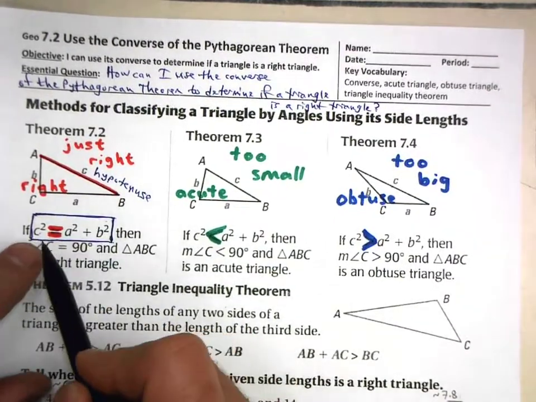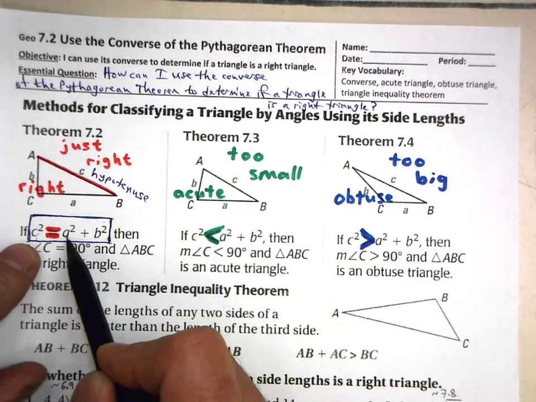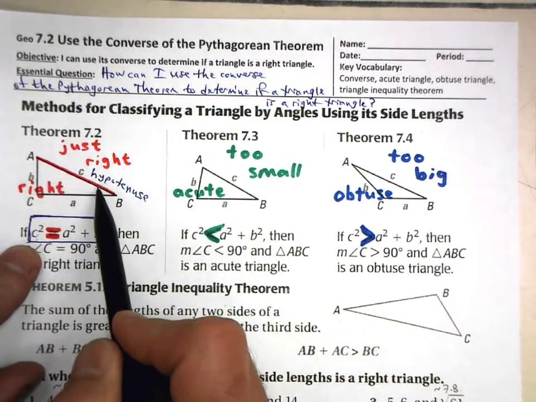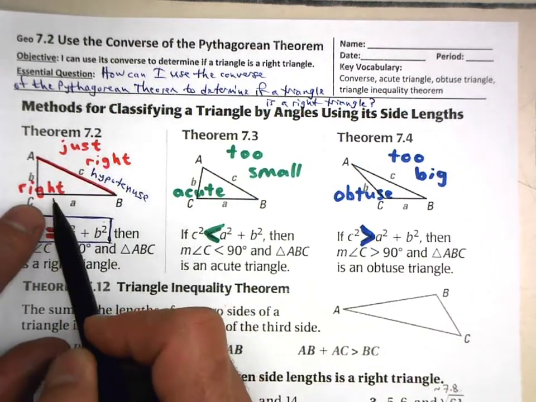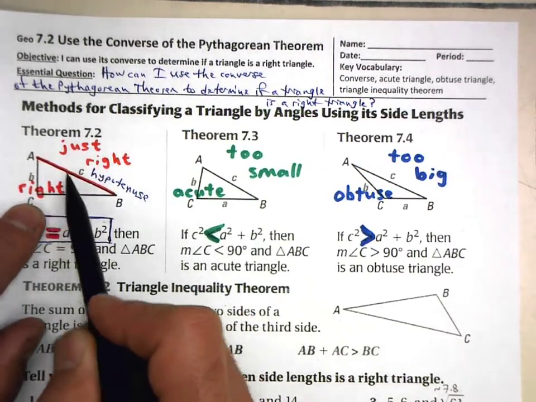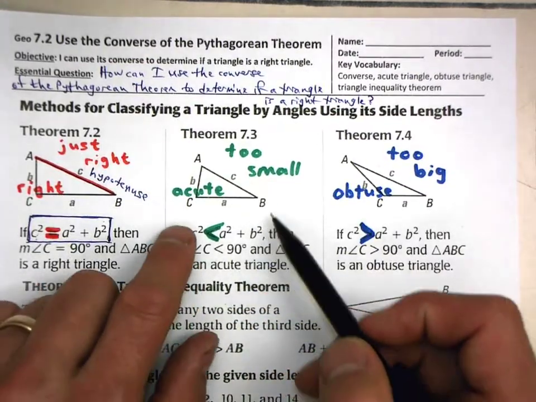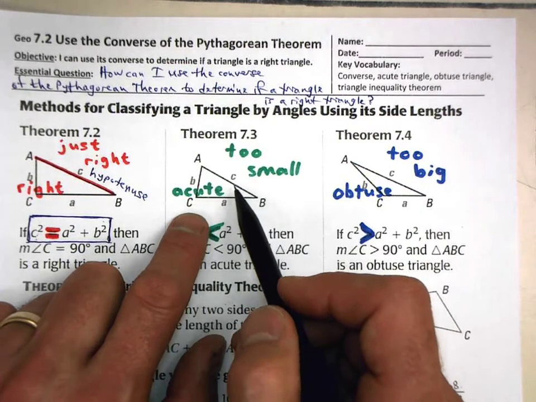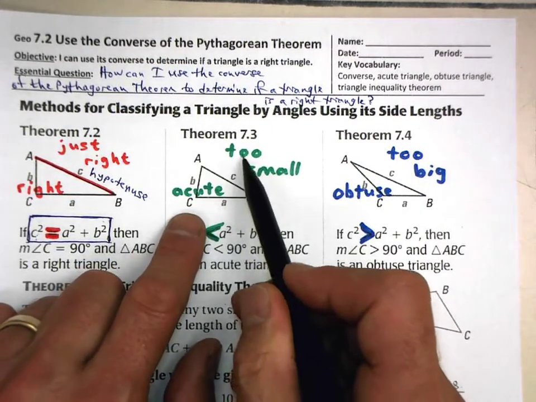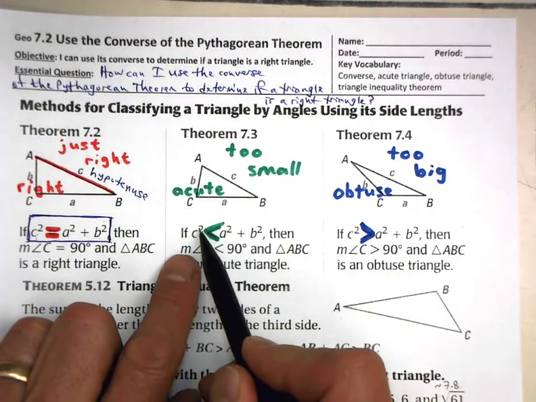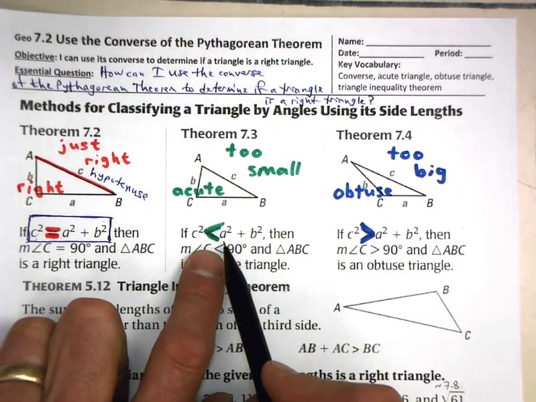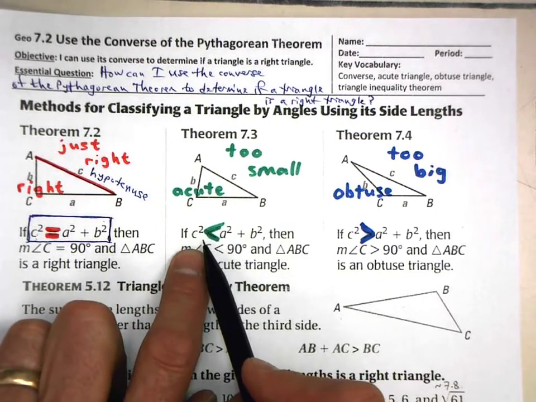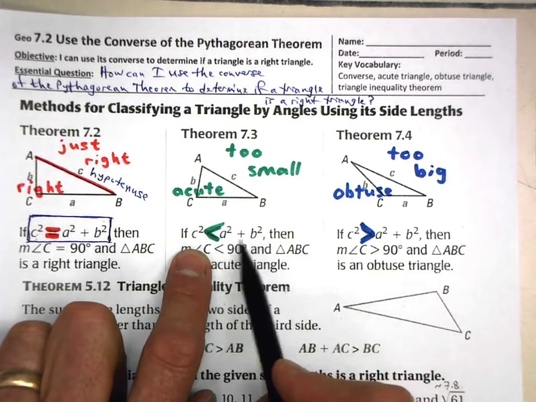So if c squared does equal a squared plus b squared, then this longest side is just right, and it is a right angle here, and therefore it is a right triangle. But if the c, which should be the hypotenuse, is too small, in other words, c squared is less than a squared plus b squared, it doesn't match up to a squared plus b squared.